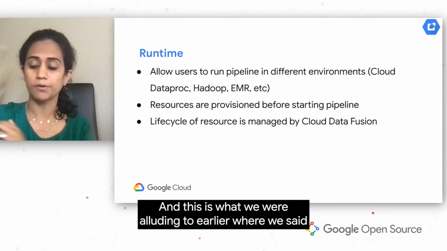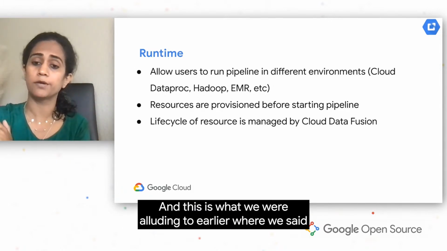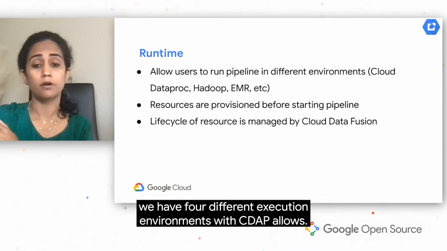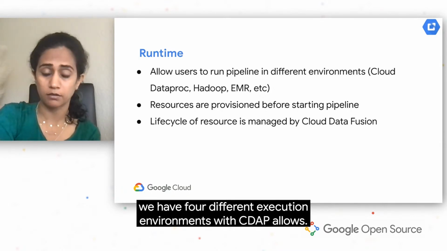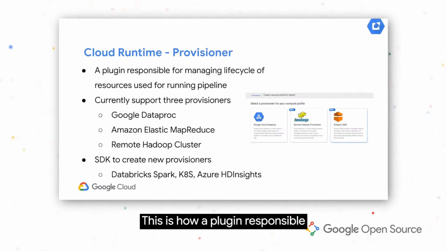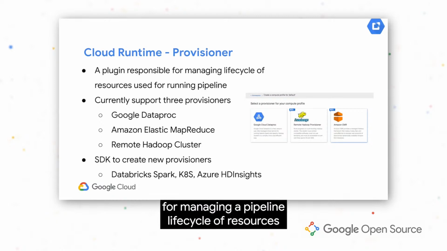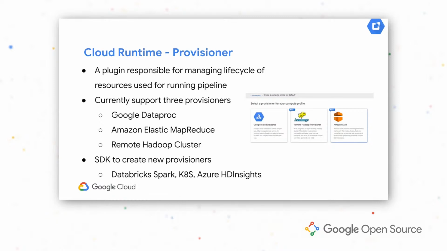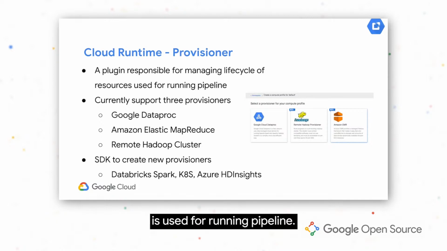And this is what we were alluding to earlier, where we said we have four different execution environments which CDAP allows. A plugin responsible for managing the life cycle of pipeline resources is used for running the pipeline. Currently it supports three provisioners.